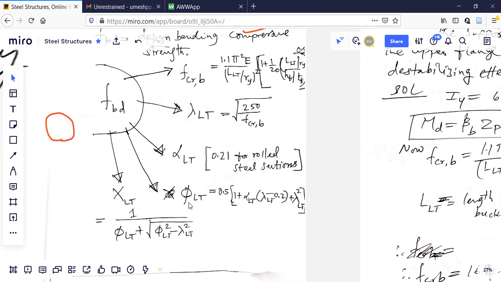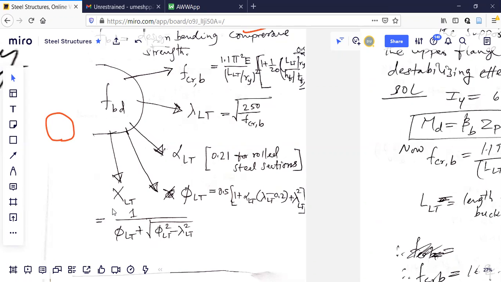So see this phi LT, you cannot calculate unless you know these two, lambda LT and alpha LT. Look at this formula. Once you get phi LT, then only chi LT can be obtained. X LT, whatever you can call it. Usually it's called chi, K-A-I, chi LT we call it as. But since it is shown as X, there is no problem.